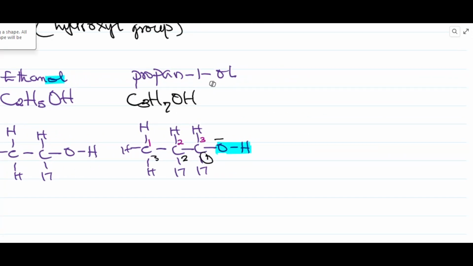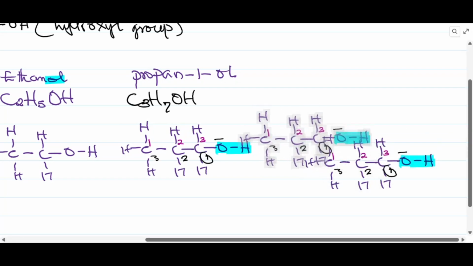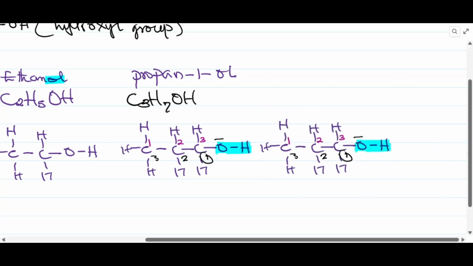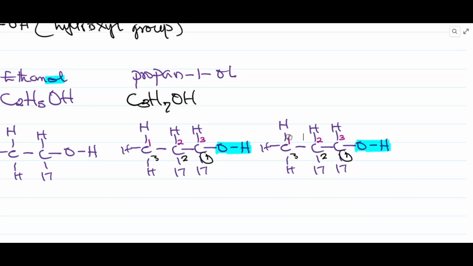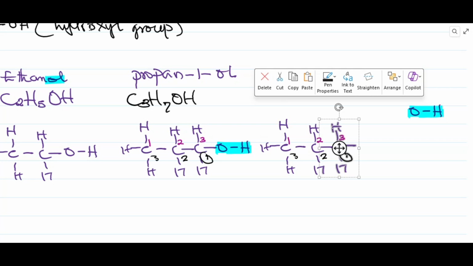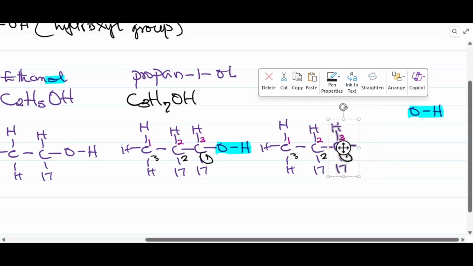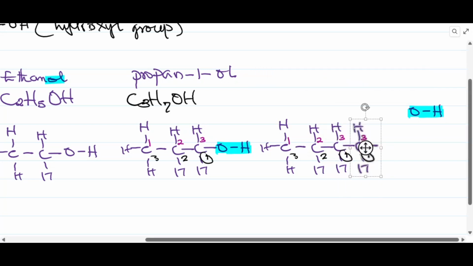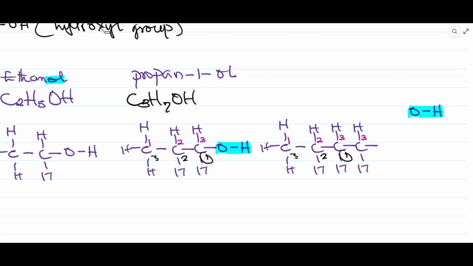We can just copy this and then paste it here. So we adjust it. We remove the OH and then we add a new CH2. So we have it here. And then the OH, let me remove this number.